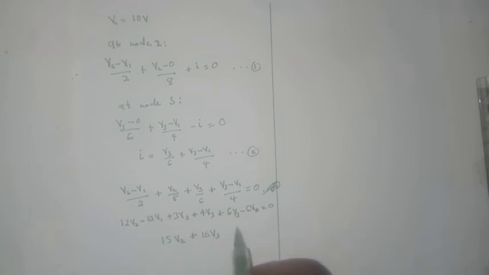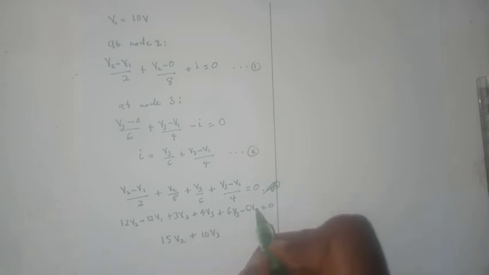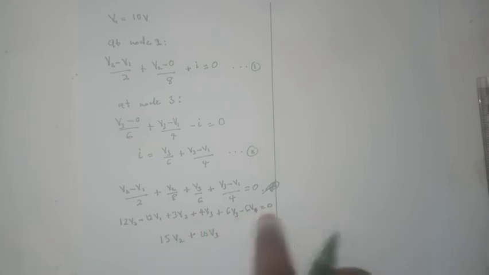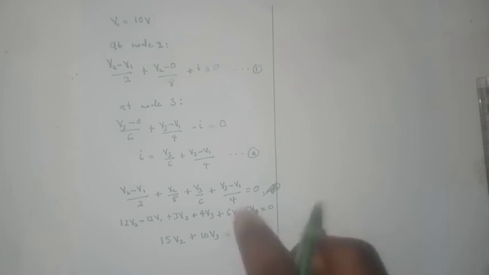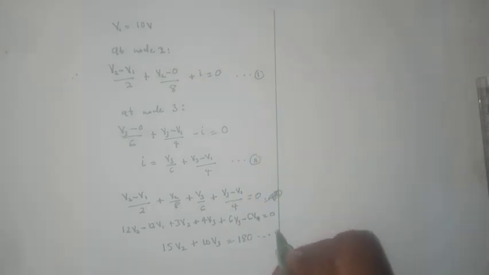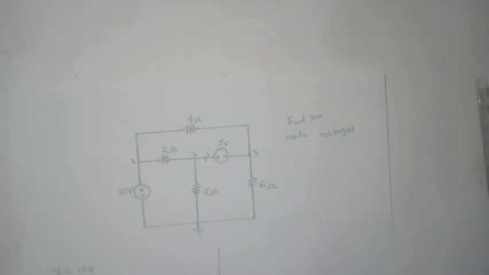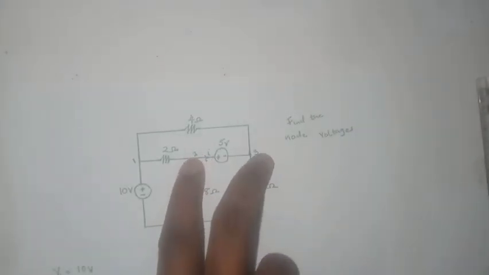We have minus 12V1 and minus 6V1, so that will give us equals 180, and we can call this our third equation.